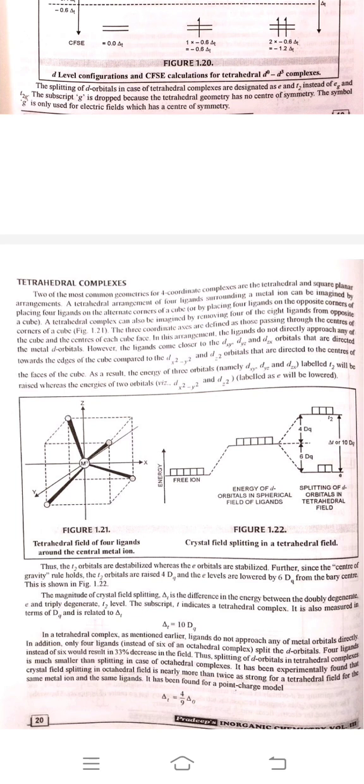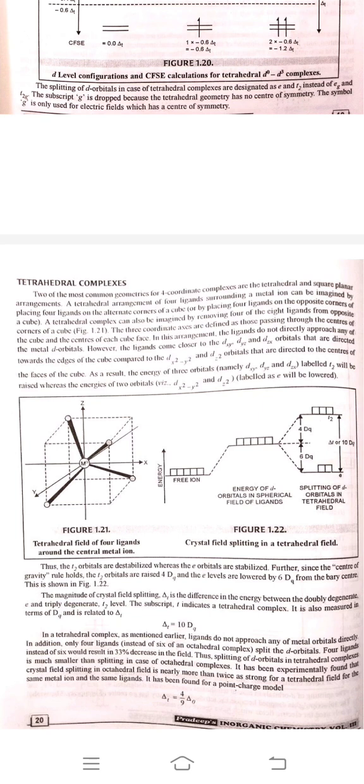In a tetrahedral complex, as mentioned earlier, ligands do not approach any of the metal orbitals directly. In addition, only 4 ligands split the d orbitals. 4 ligands instead of 6 would result in a 33% decrease in the field. Thus, the splitting of d orbitals in tetrahedral complexes is much smaller than the splitting in the case of octahedral complexes.